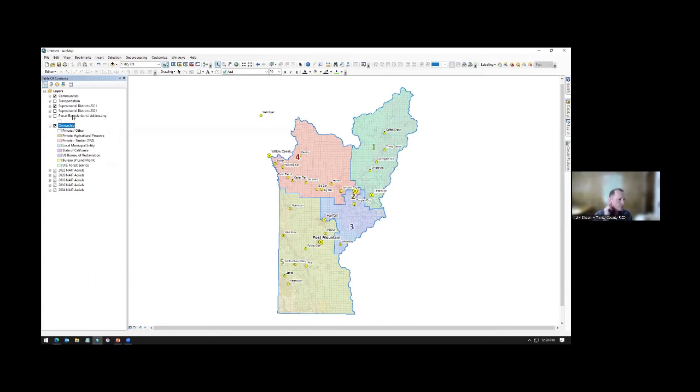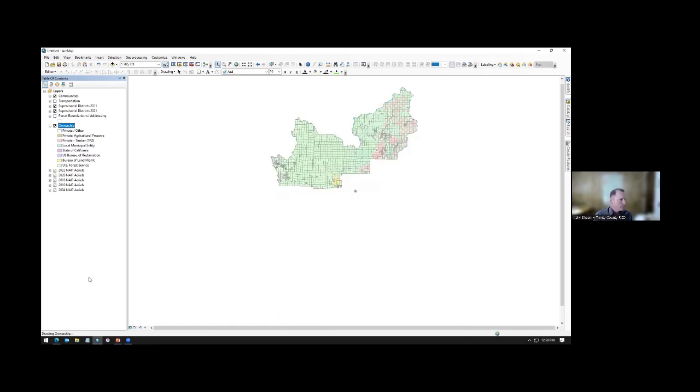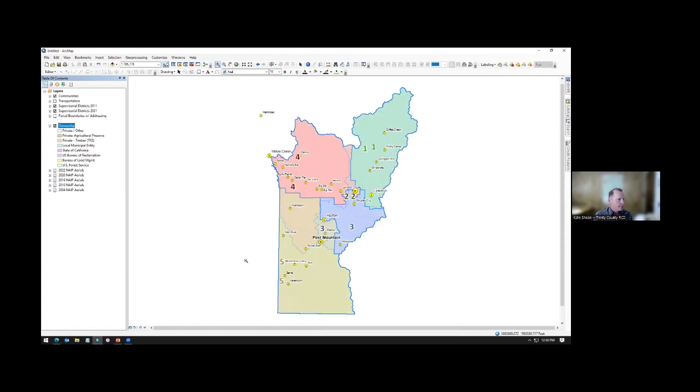This was the result of the changes from the 2000 census. It had a fairly significant modification, and trying to balance all this was quite a task. But then when we got into 2021, post green rush, the boundaries changed significantly because, oops, turn this off.